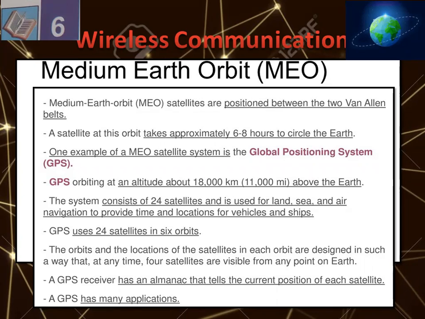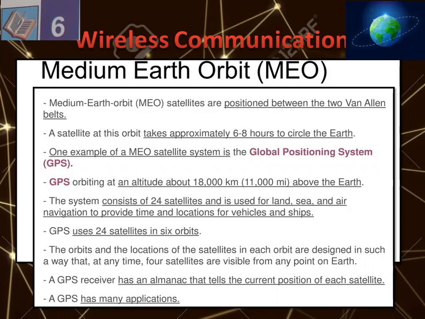The orbit and the location of the satellite in each orbit are designed in such a way that at any time, 4 satellites are visible from any point on Earth. A GPS receiver has an almanac that tells the current position of each satellite.